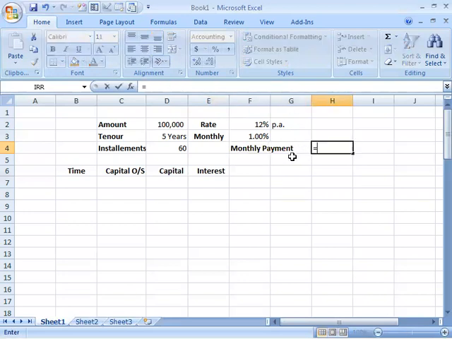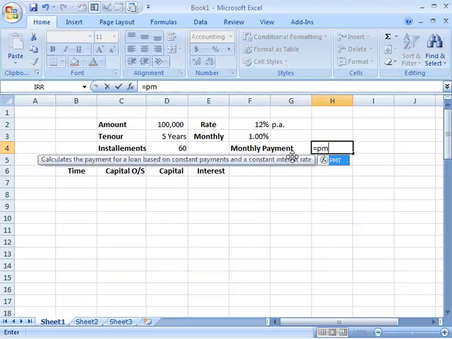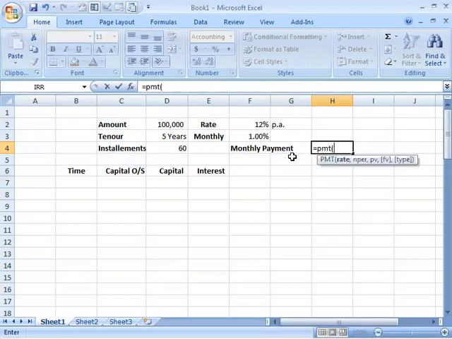I'm using the Excel command PMT. The rate is what? Not this 12%, since we are doing a monthly payment. The applicable rate is the monthly rate of 1%. And what about the NPER? NPER means the number of installments, which is 60.